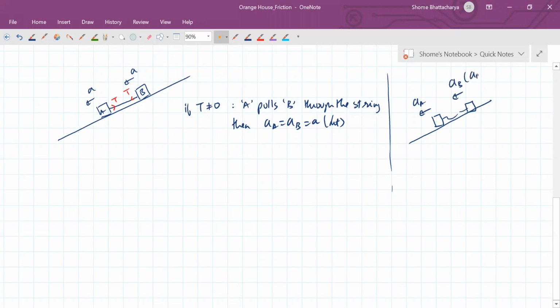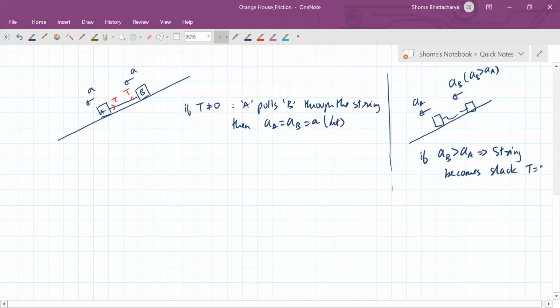Acceleration of B becomes greater than acceleration of A. If acceleration of B is greater than acceleration of A, this will imply that the string becomes slack. So tension is zero in the string, and acceleration of A is not equal to acceleration of B. Okay. So when will the first case happen? When will the second case happen?